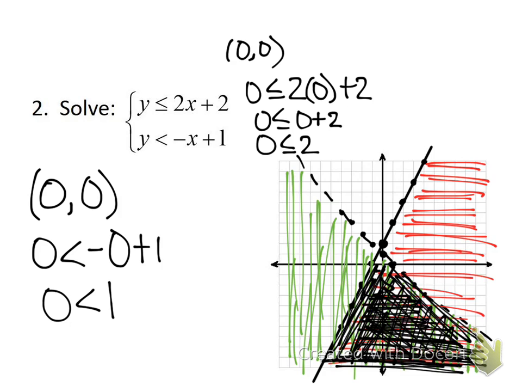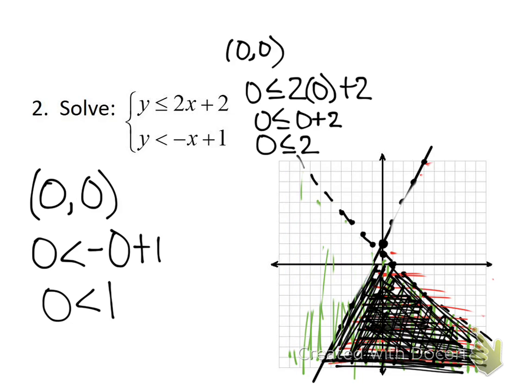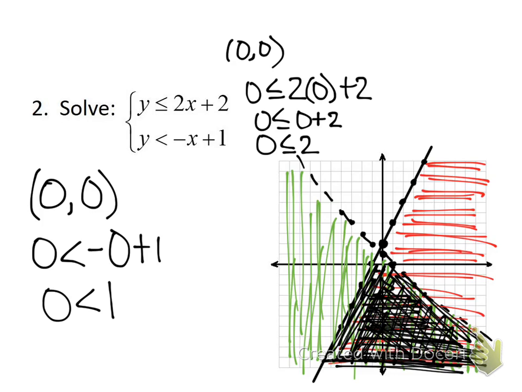The other option, if you don't want to waste lead on it, is to waste your eraser on it. You can go back through and erase the shading that did not overlap. Either way, doesn't matter to me as long as I can tell what your final answer is.